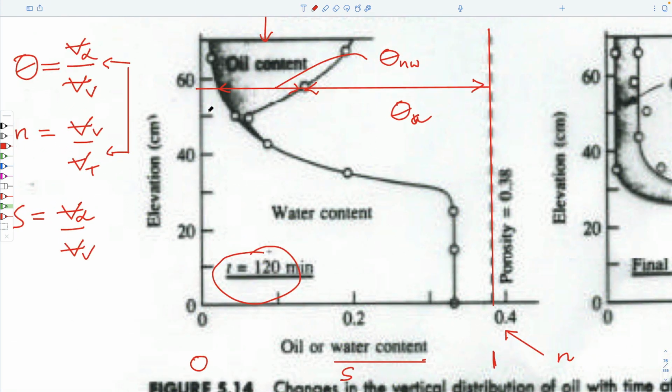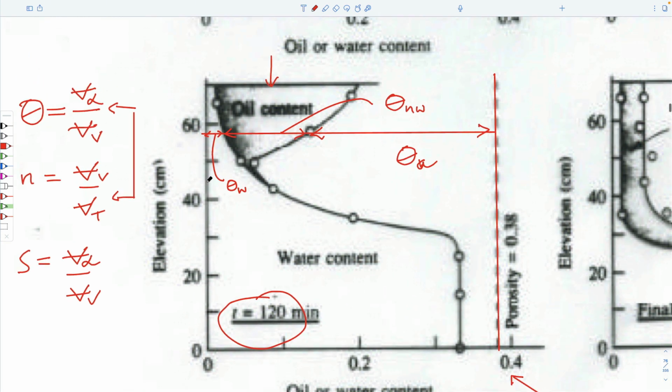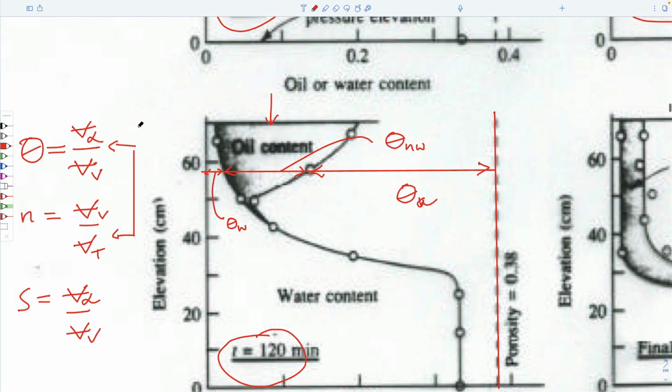And if I blow this up, this would be the volumetric moisture content of the water. It's easier to write that the saturation of water plus the saturation of air plus the saturation of the non-wetting fluid, which is oil, this other non-wetting fluid, is equal to 1.